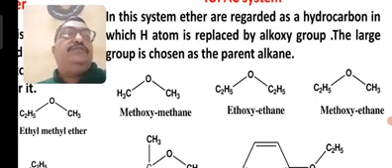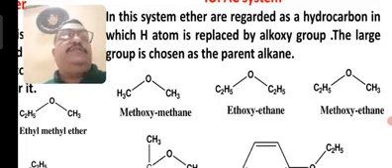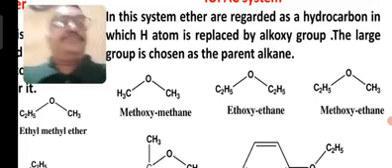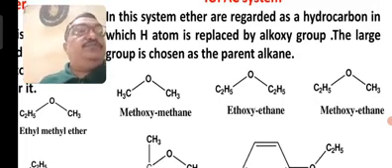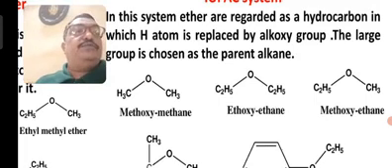So this is the way in which one can write the IUPAC naming for ethers. Similarly, you can see C2H5OC2H5. C2H5O is the ethoxy group, so it is ethoxyethane. Then similarly you can have C2H5OCH3, with an ethyl group and a CH3 group attached to the oxygen.